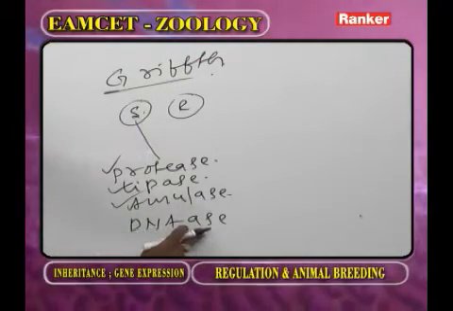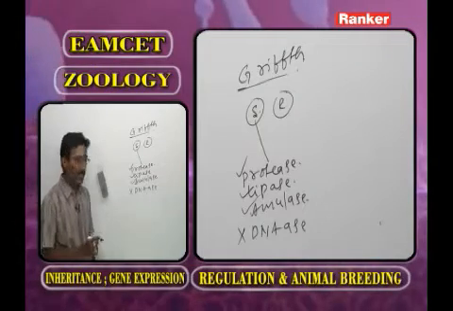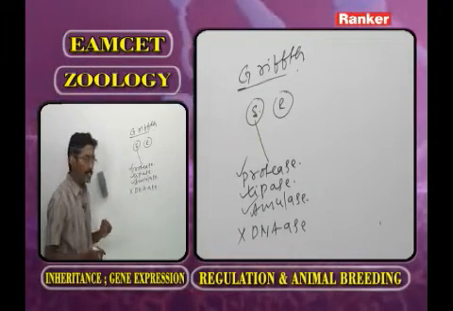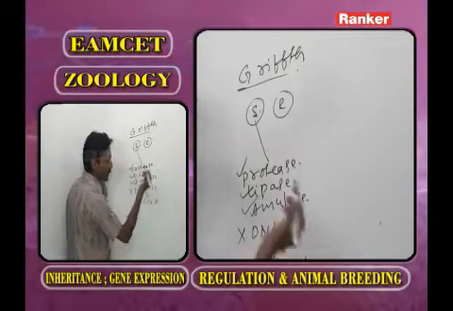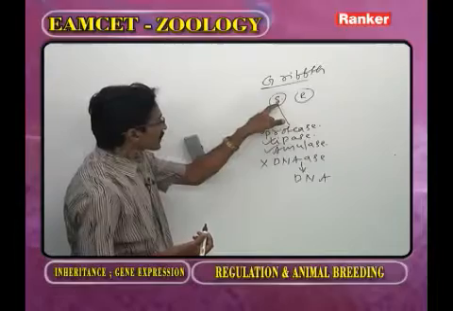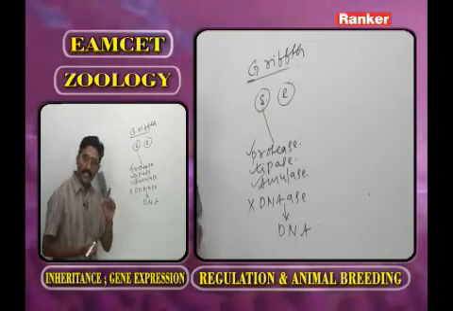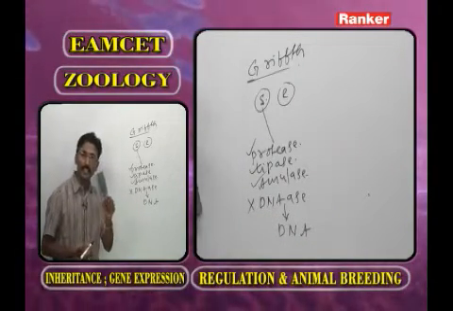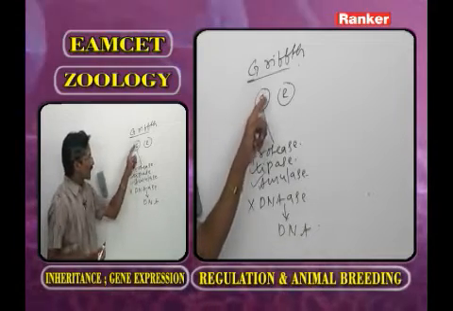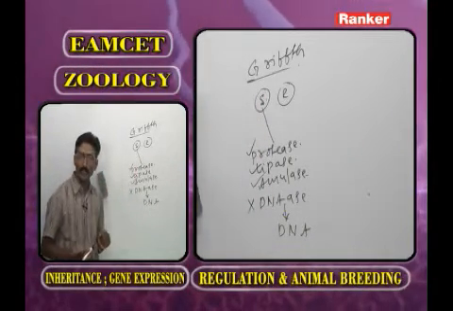Whenever the material is treated with DNase, there is no transformation, because the DNase enzyme digests what type of material? DNA. So in the S strain, what type of material is present? DNA. The DNA material is digested by what type of enzyme? DNase. So whenever the material of S is treated with DNase, there is no transformation.